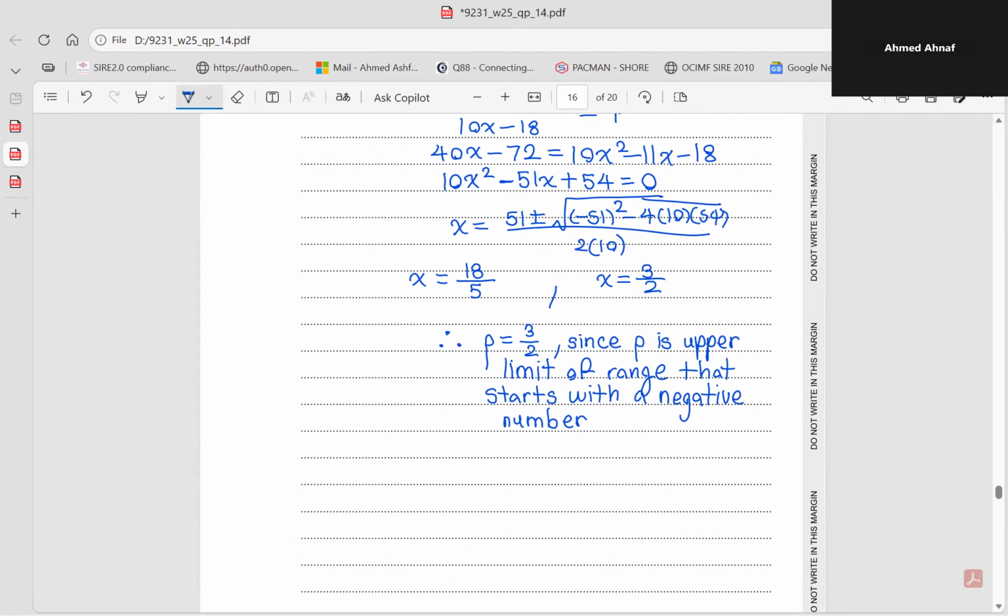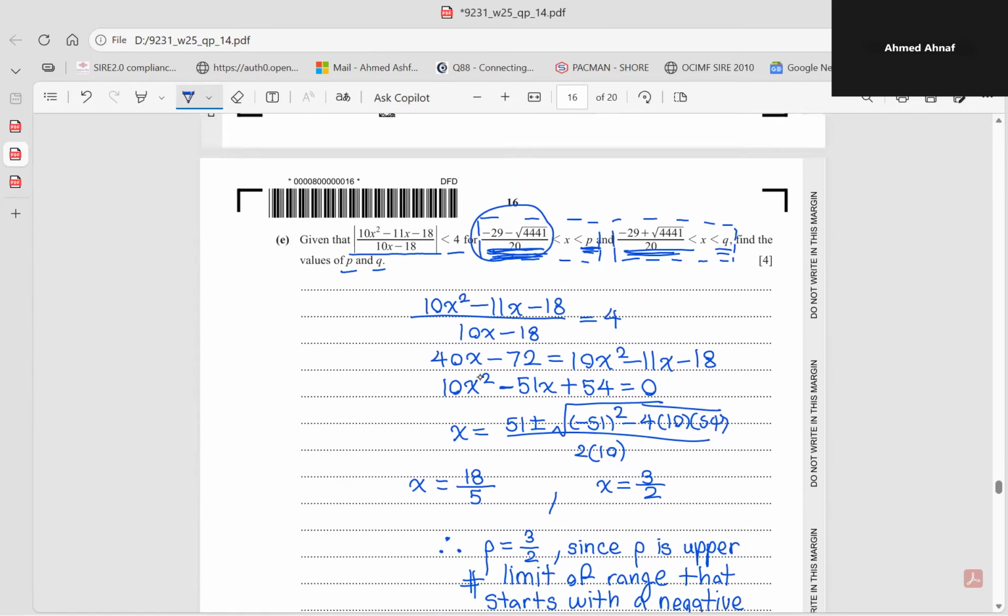And therefore, by process of elimination, Q has to be 18 over 5. Yeah, I hope they accept this.